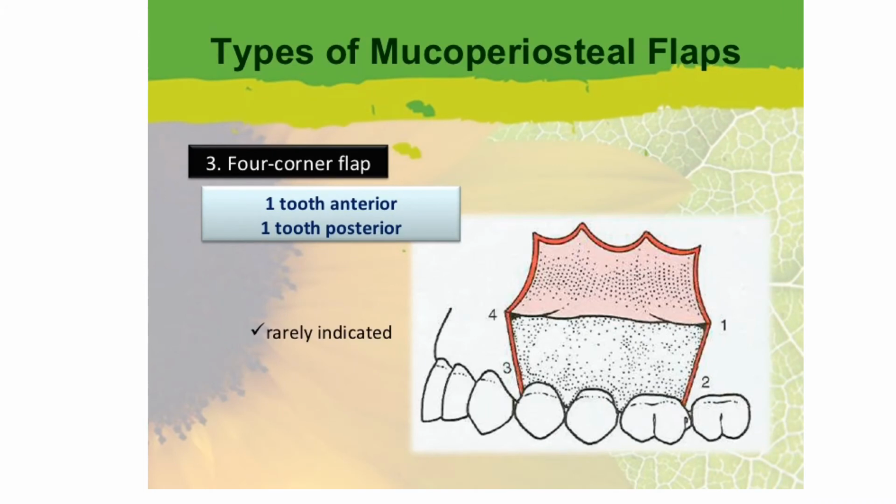So third is 4-corner flap, in which horizontal incision is accompanied by 2 vertical releasing incisions forming quadrangular flap. Here the incision runs 1 tooth anterior and 1 tooth posterior to the affected tooth.